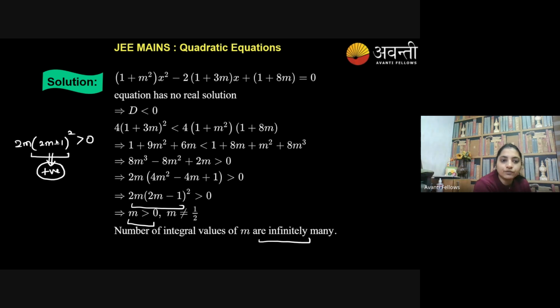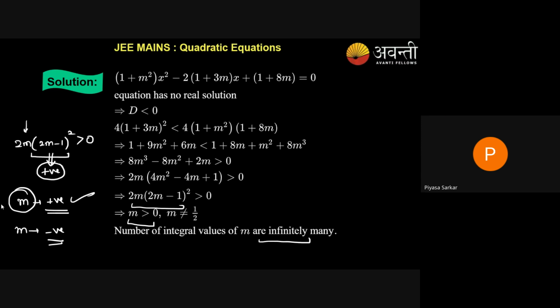Because it has an even power, it is not going to be the deciding factor for the value of m. So you are left with only m. If m is positive, then the answer should be positive. If m is negative, the answer will be negative, and I need positive, so only m decides, and it must be positive. Whatever has an even power is never a deciding factor; it can never decide the solution of your equation. Clear?